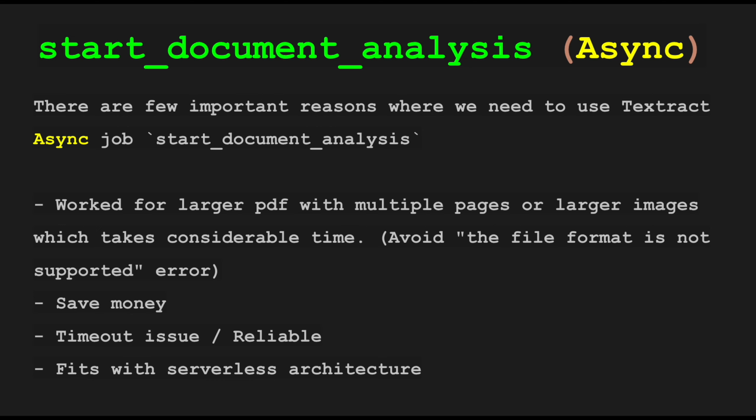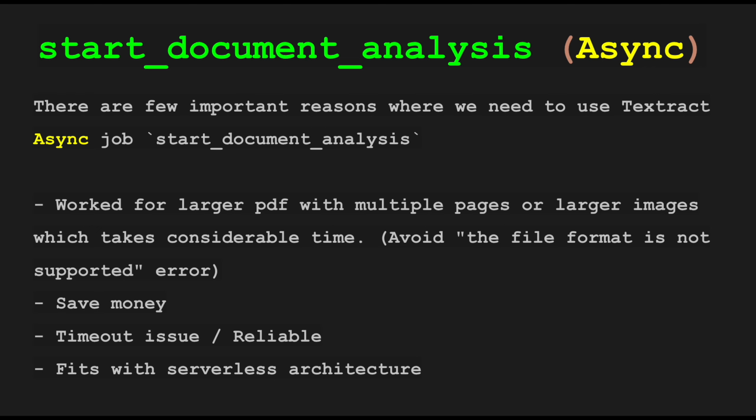The other one is that it fits the serverless architecture. Why am I saying that? The start document analysis API call supports an SNS topic as a parameter. So whenever you call the start document analysis method, you can configure or pass the SNS topic.